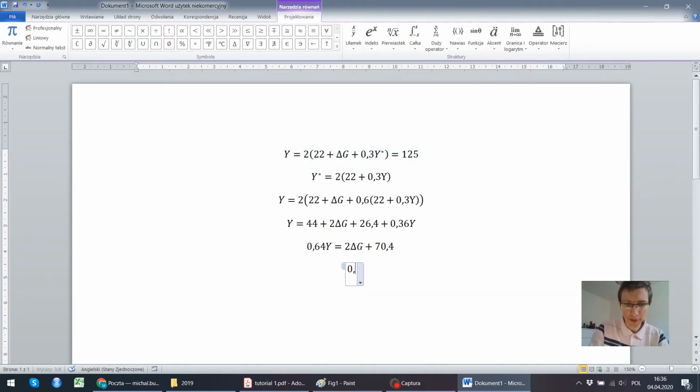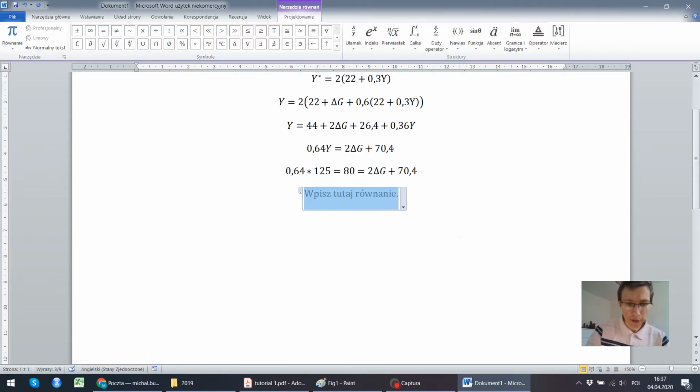So on the left hand side we have 0.64 times 125, which is equal to 80. And this 80 is equal to the right hand side here. So we have everything necessary to compute the value of delta G. So that delta G will be equal to 80 minus 70.4, which is 9.6, over 2, is equal to 4.8.